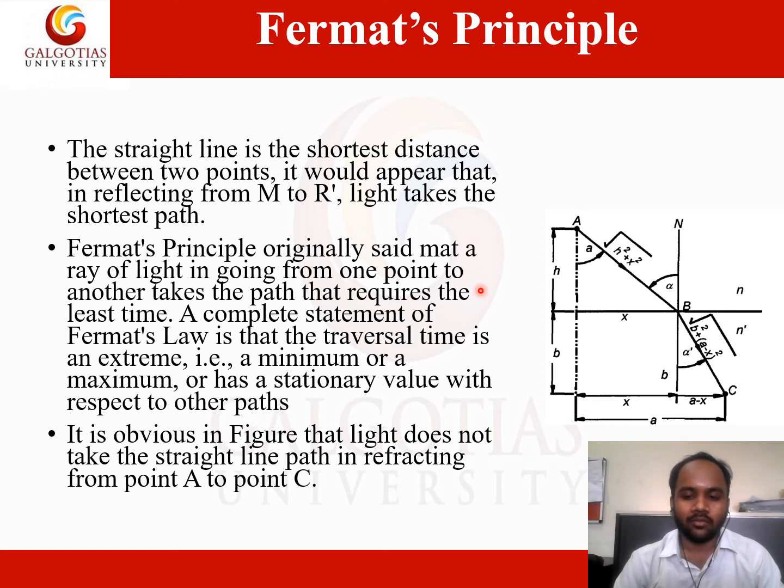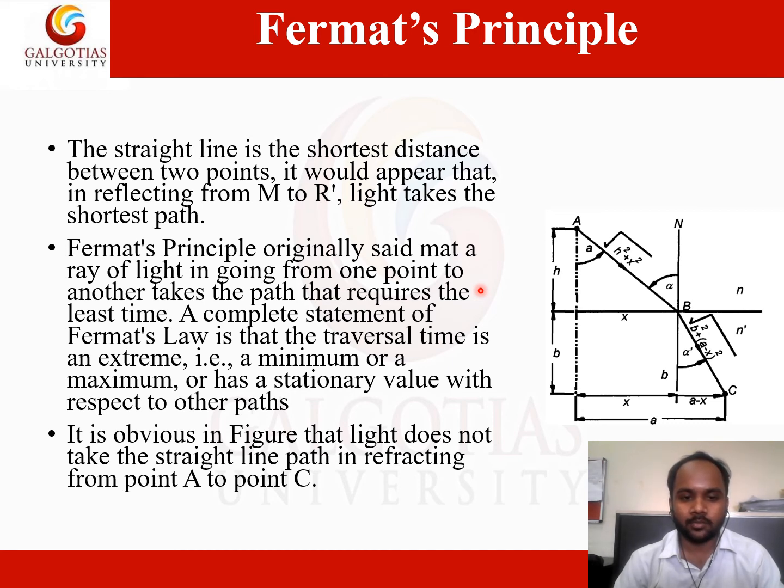So when the distance is least, the time is going to be least. Your Fermat's principle follows the least distance, and the time taken is also going to be least. When you compare your values from optical path length and Fermat's principle, the values are going to be different. Always your optical path length values are going to be more compared to the distance considered from Fermat's principle.